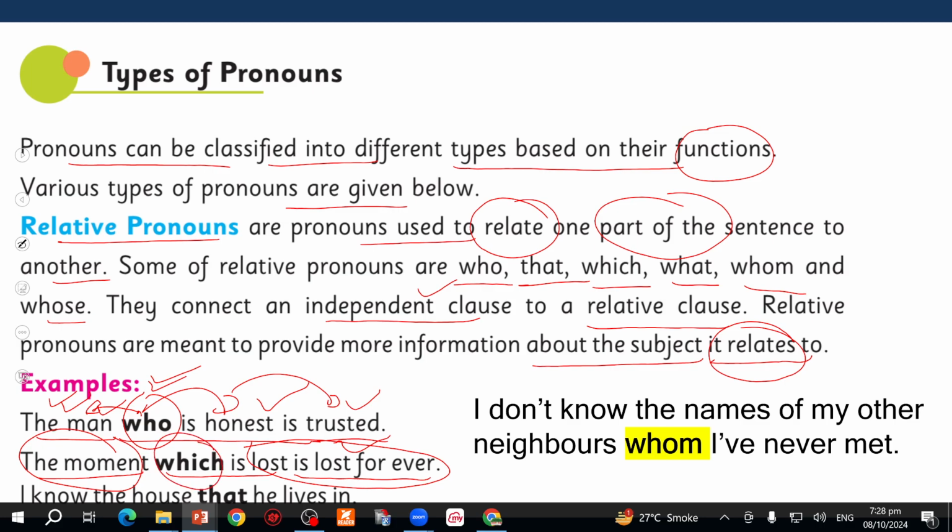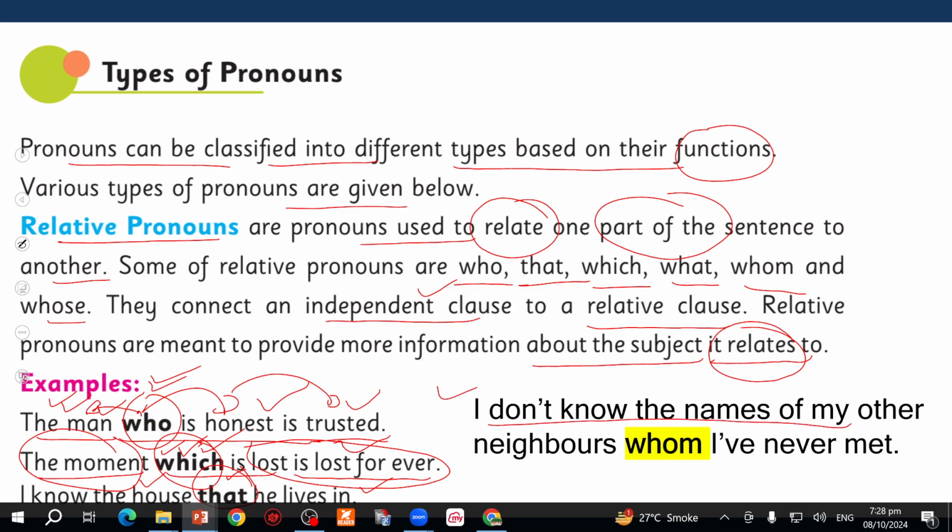So which here is working as a relative pronoun. Another example: I know the house that he lives in. So I know the house. Which house? That he lives in. So the house he lives in, and knowing that house is linking with that.